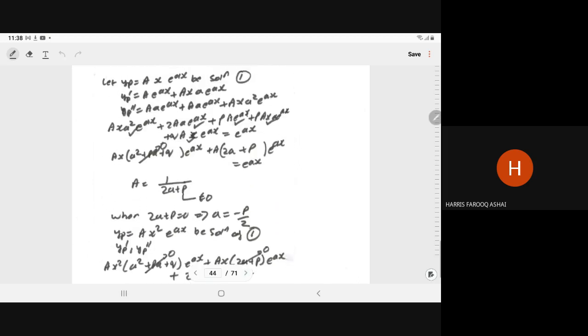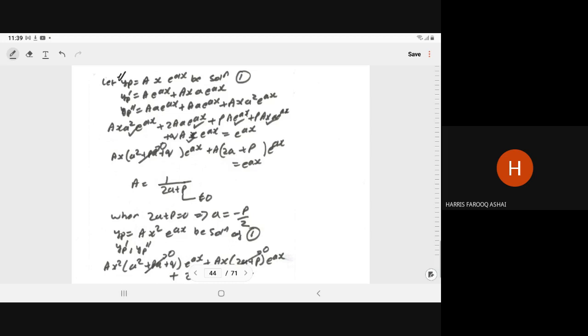To overcome this, we know that if we have a problem somewhere in determining the solution, we multiply with x. In section 17 we have seen, if we have equal roots, another solution is determined by multiplying with x. If e^(mx) is one solution, for equal and real roots another solution will be x e^(mx). Taking motivation from that, we assume yp = A x e^(ax).